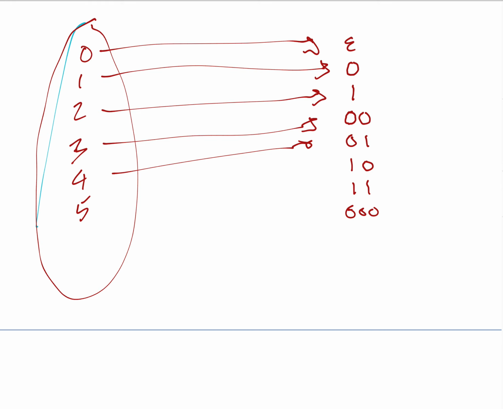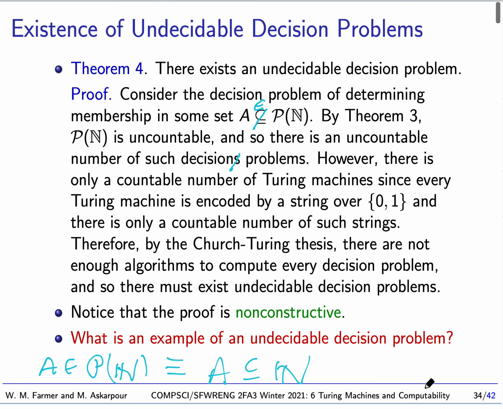So if we jump back to here, we'll see in a moment that we can encode any Turing machine by a string of zeros and ones. This means there's only a countable number of such strings, but there are an uncountable number of these decision problems, because there's an uncountable number of subsets of the natural numbers.